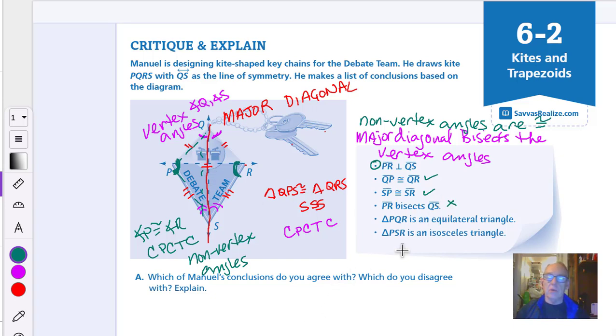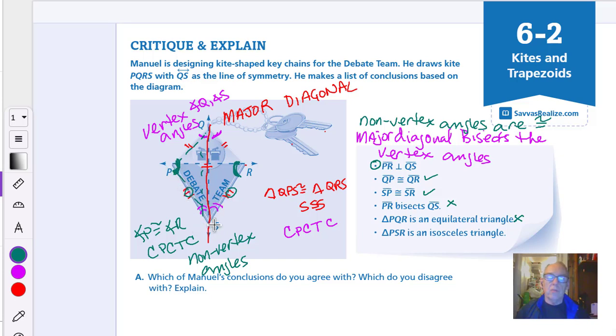Doesn't look like that's going to work. Triangle PQR is equilateral. Well, if it was equilateral, this PR length would have to be the same as PQ. It doesn't look the same. Let's look at triangle PSR. PSR is isosceles. Yes, it is, because these two sides are congruent, and an isosceles triangle has at least two congruent sides.